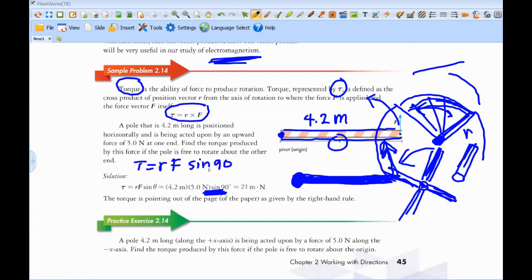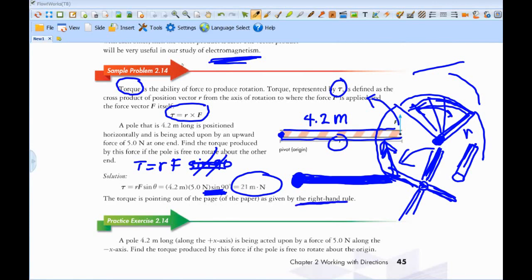You know that sine 90 is 1, so it doesn't have a bearing. So just simply multiply 4.2 times 5. Then you will get 21 meter-newtons. So that is the torque, pointing out of the page, given by the right-hand rule.